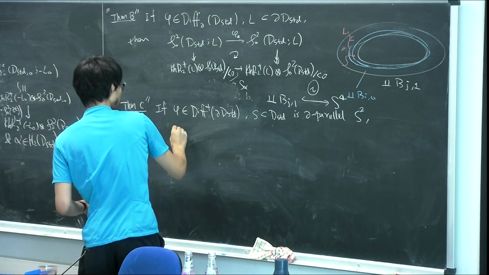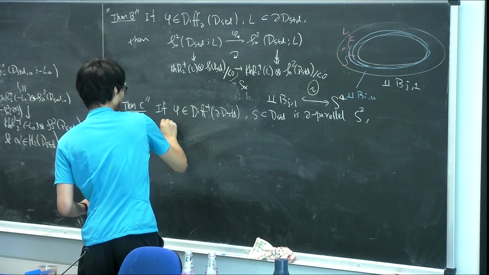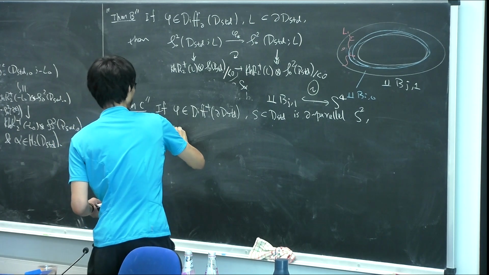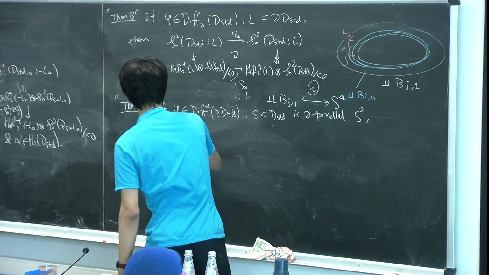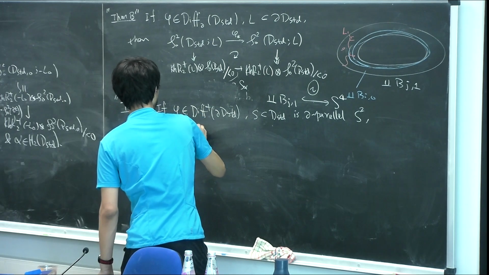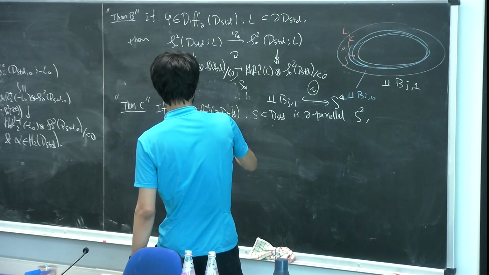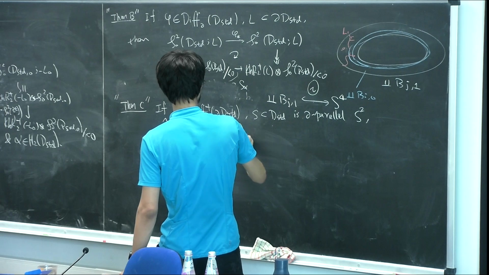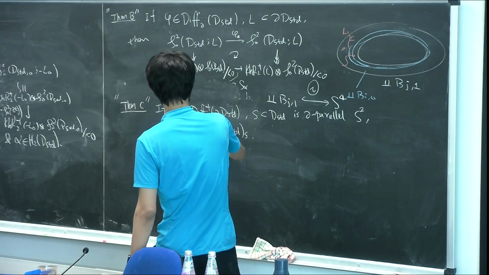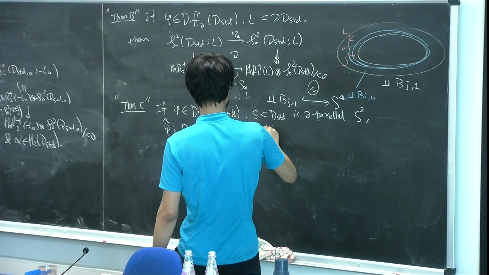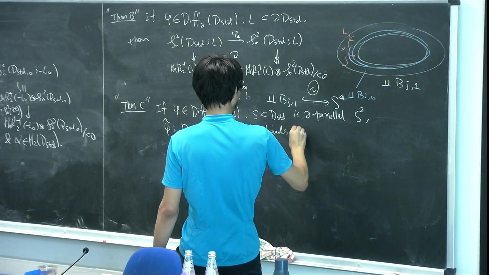And suppose we can extend the diffeomorphism on the boundary to a diffeomorphism from D standard to D standard gauge twist on S, which extends phi.